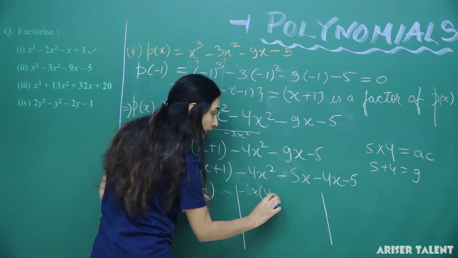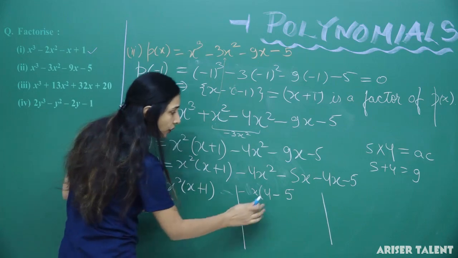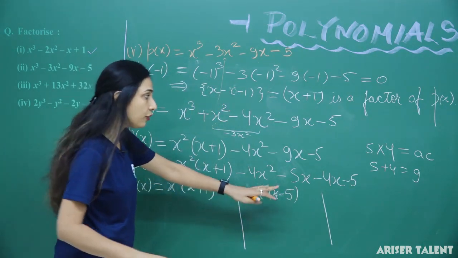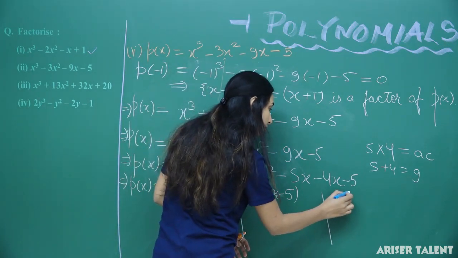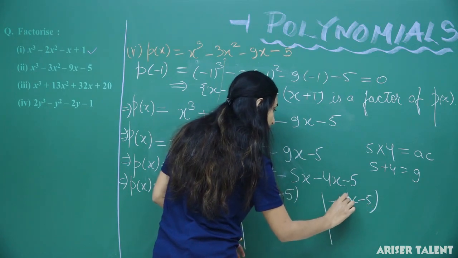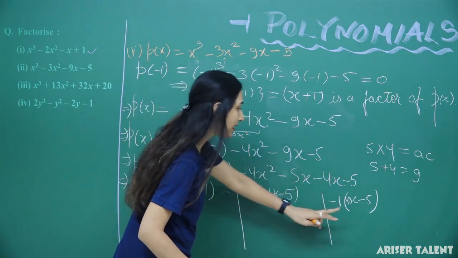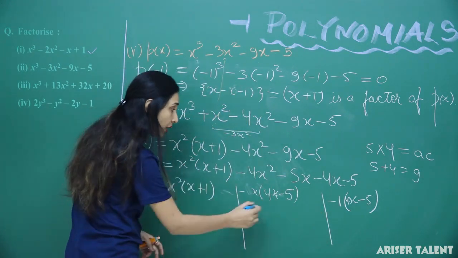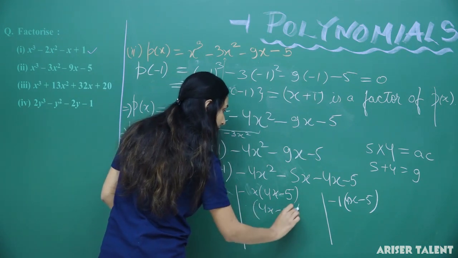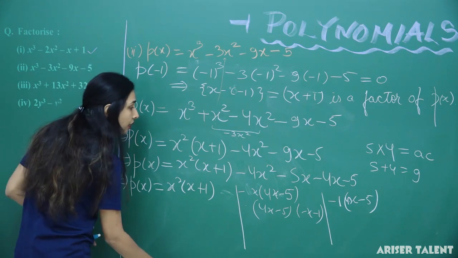So you will get 4x here, minus 5 in this case. From here we will be getting minus 1 common and 4x minus 5. Here you are getting 4x minus 5, here you are getting 4x minus 5. So that will become 4x minus 5 and minus x.